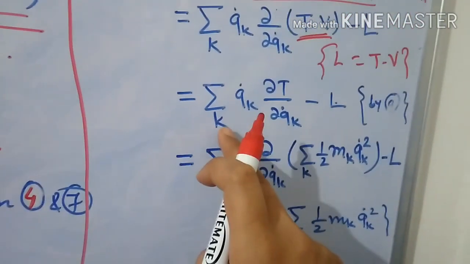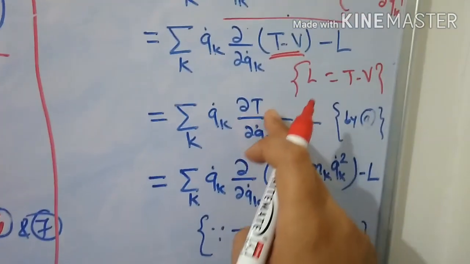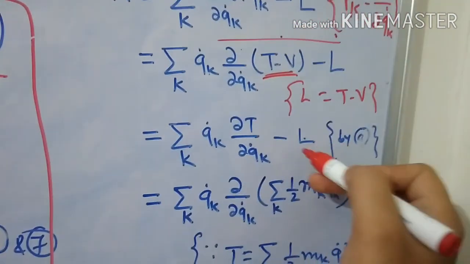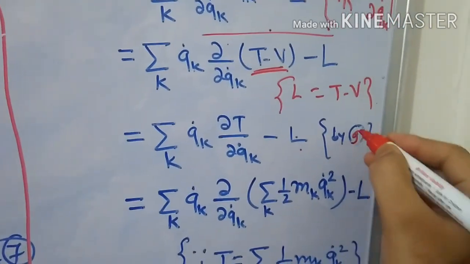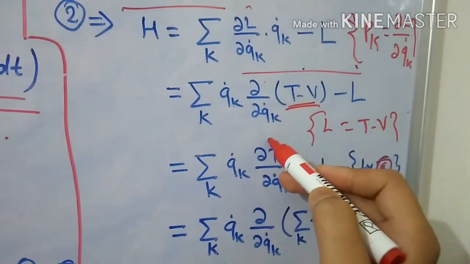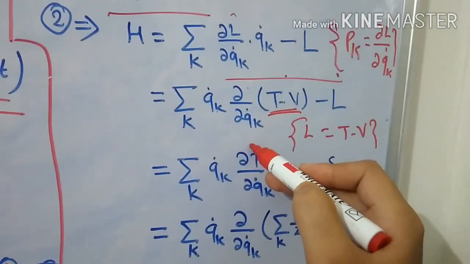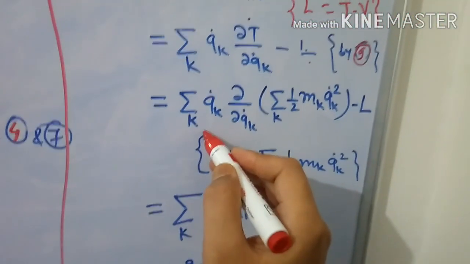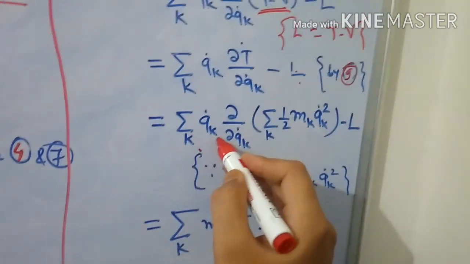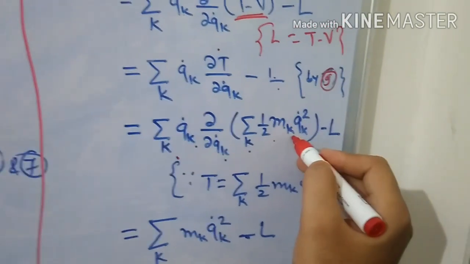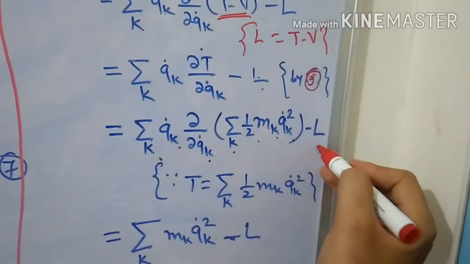is equal to summation k qk dot ∂T/∂qk dot minus L. Here ∂V/∂qk dot is equal to 0, so we neglect this term. It is equal to summation k qk dot ∂/∂qk dot of summation k half mk qk dot square minus L. Why?